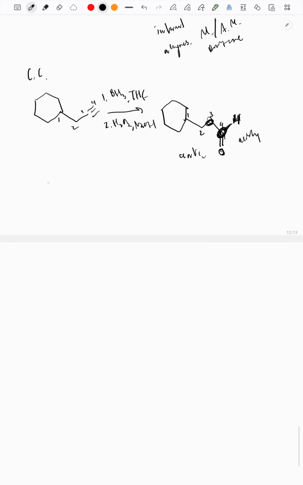Practice. Now, basically this should be, well, easy. What reagents do we use here? We need to know if this is anti-Markovnikov or Markovnikov. Well, we know that this is Markovnikov because this is not a hydrogen, this is a carbon.